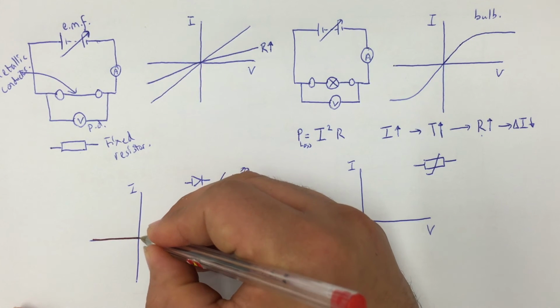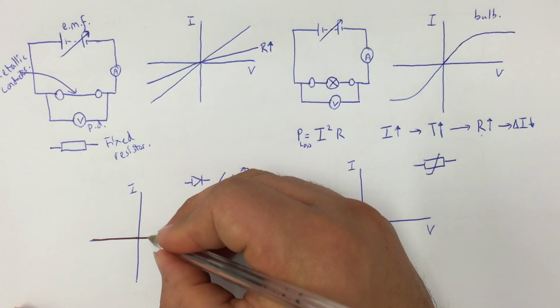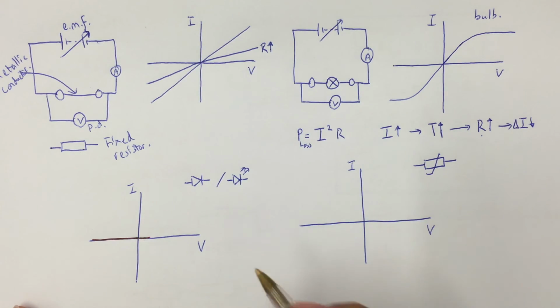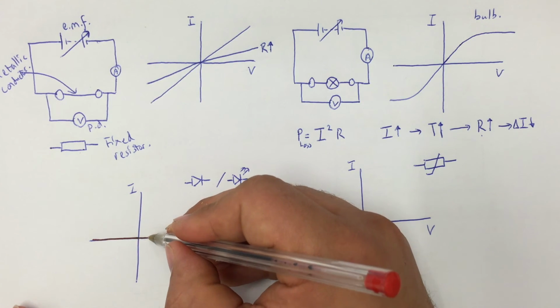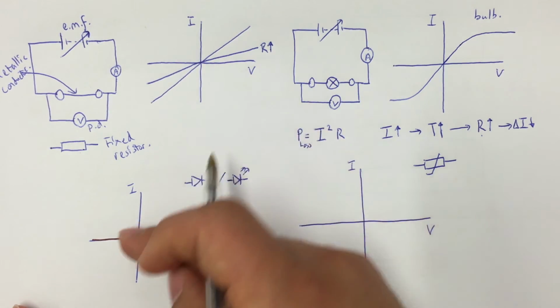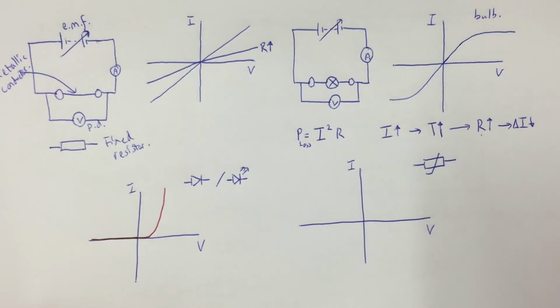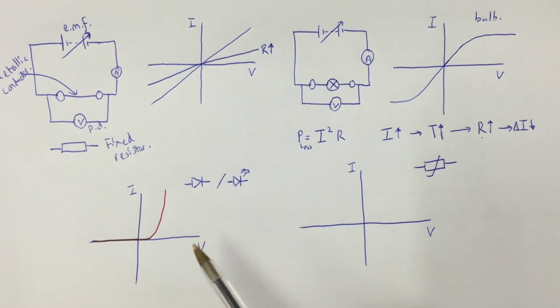And then a diode or an LED requires a minimum voltage before it starts to work. And at this point, the resistance decreases massively. And remember that resistance is inversely proportional to the gradient. So if the resistance is decreasing, our gradient's going to get steeper. And so we get a curve like so. This is our shape for an LED or diode.